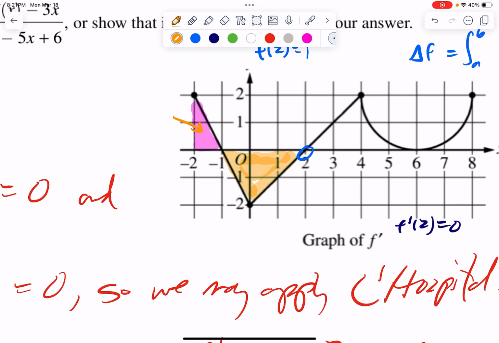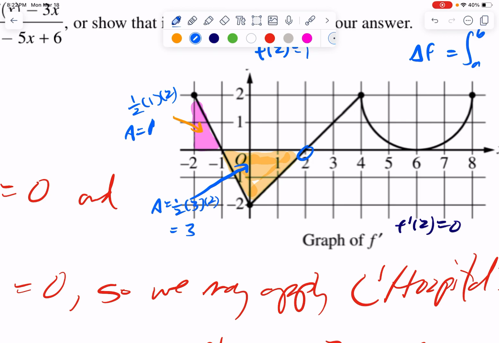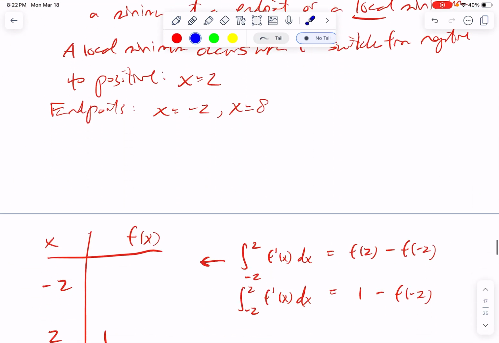This is a triangle that's 1 by 2, so the area of that pink area is 1. And this one down here is 3 across and 2 down. 1/2 times 3 times 2, which is 3, and that counts negative. So this is 1, this is -3. That definite integral is -2.